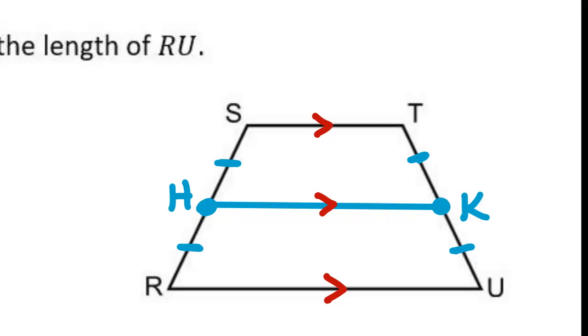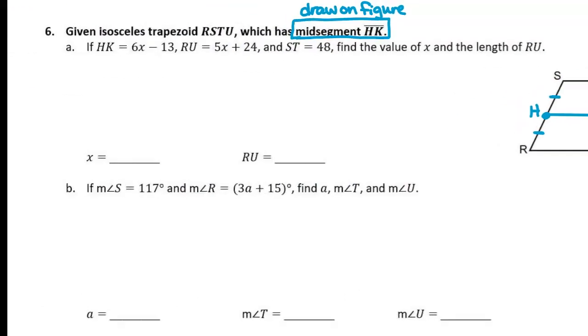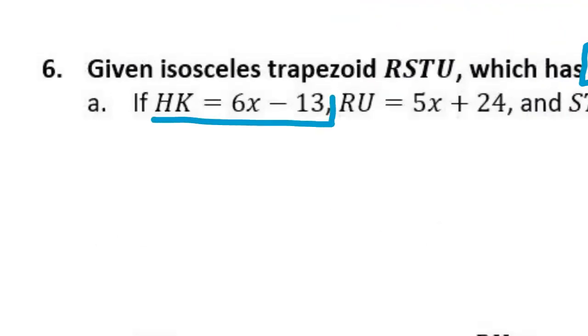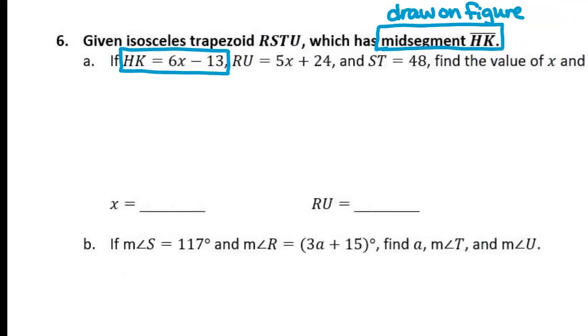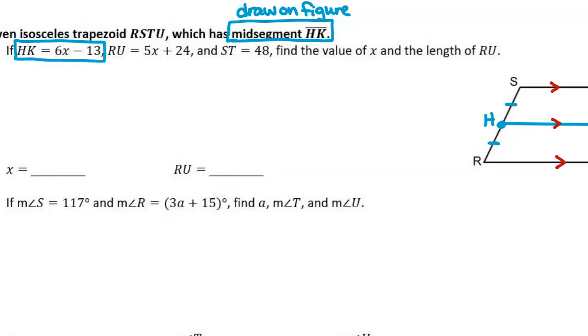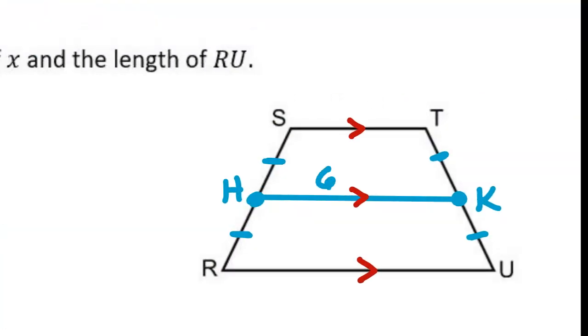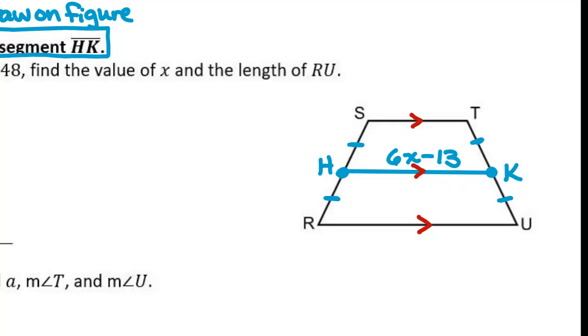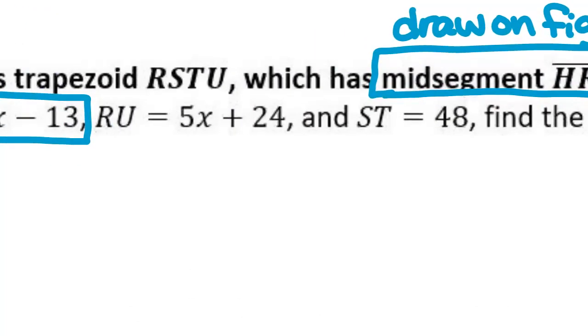All right. Let's look at part A now. It says if HK is 6x minus 13, so I'm going to add that to my picture. RU is 5x plus 24.